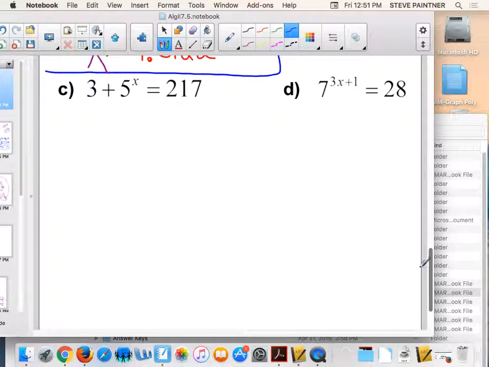I don't know if you're already on C or not. Was there anything wrong with C? Remember when you start a problem, it's got to look like this: it's got to be b to the cx, a base raised to the cx equals some number y. You have a base raised to the x, but then you have something in the way.